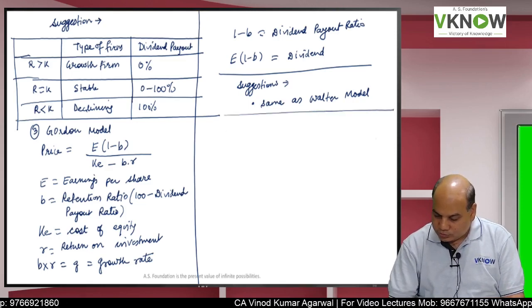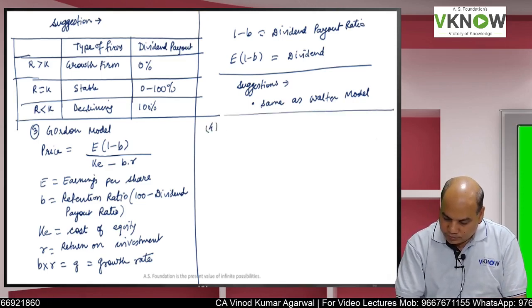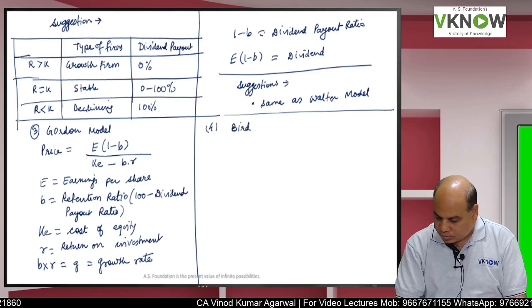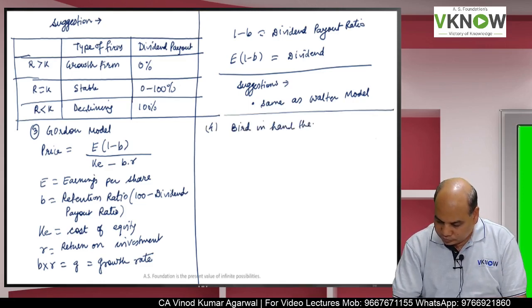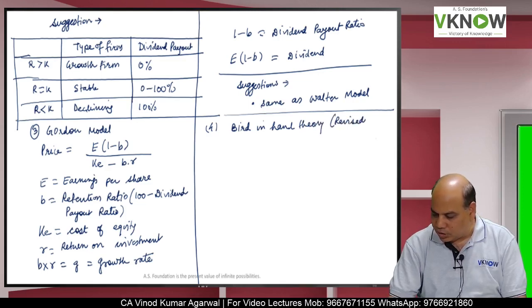Now we'll come to the fourth, write down bird in hand theory, the revised Gordon model, and it is the same as the Gordon model only.